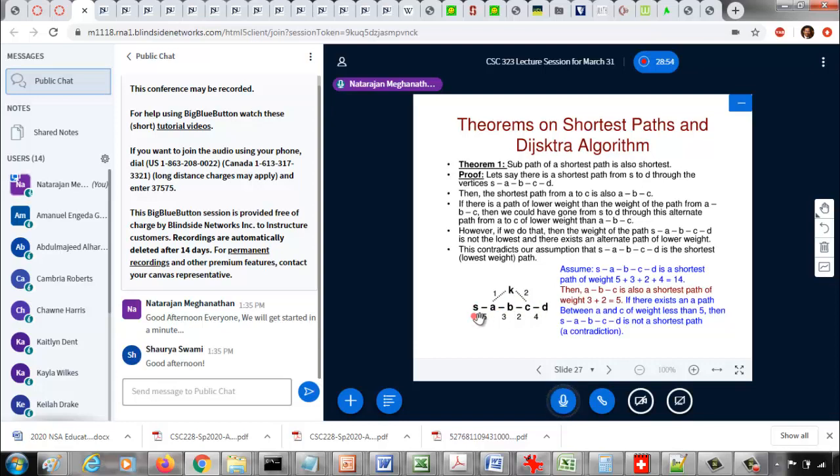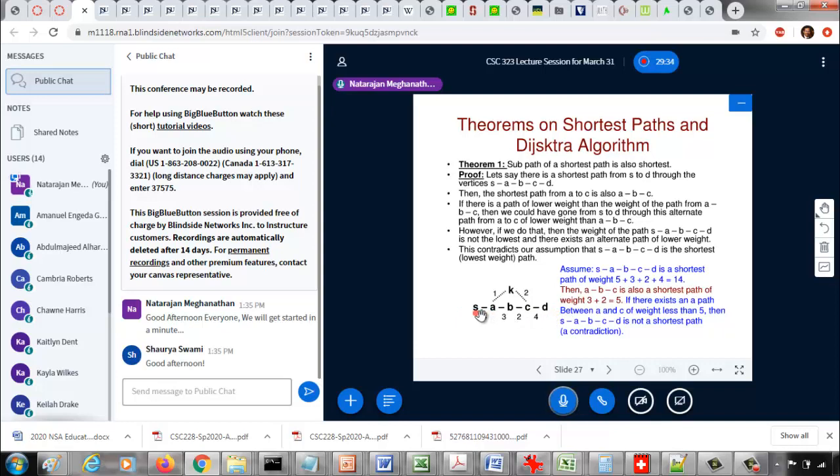Why? Because we are given that SABCD is the shortest path. That's given, and what we are claiming is that one of the subpaths, like ABC, is not a shortest path. Can that be possible? The answer is no, because if there is a hypothetical shortest path between A and C of weight less than what we have as part of this shortest path from S to D, then as you can see in this figure, we can make use of that hypothetical path and go from S to D, and that would eventually reduce the path weight from S to D from what we know currently.